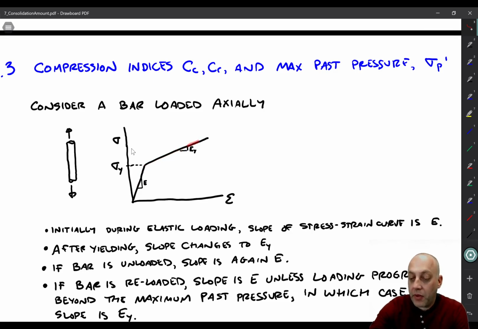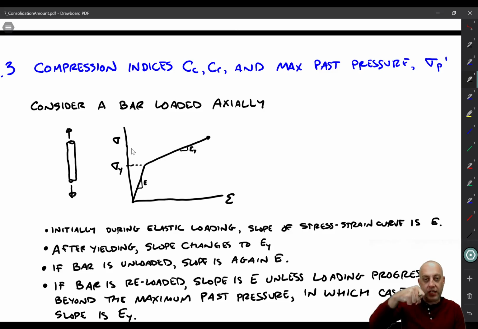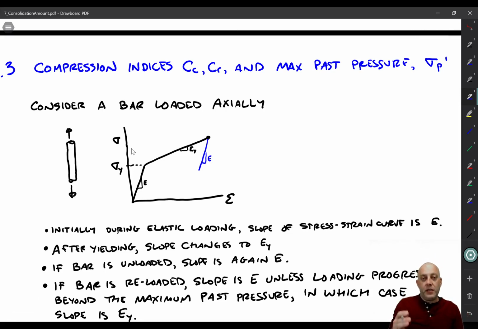Now let's think about what would happen if we were to go to this point right there and then unload the bar. We've been putting tensile strain, now we reverse it and start putting compressive strain. Maybe I'll draw this in blue so that it's clear that it's being added on. It's going to unload along the Young's modulus slope, so this is going to be a slope of E. So we're unloading.